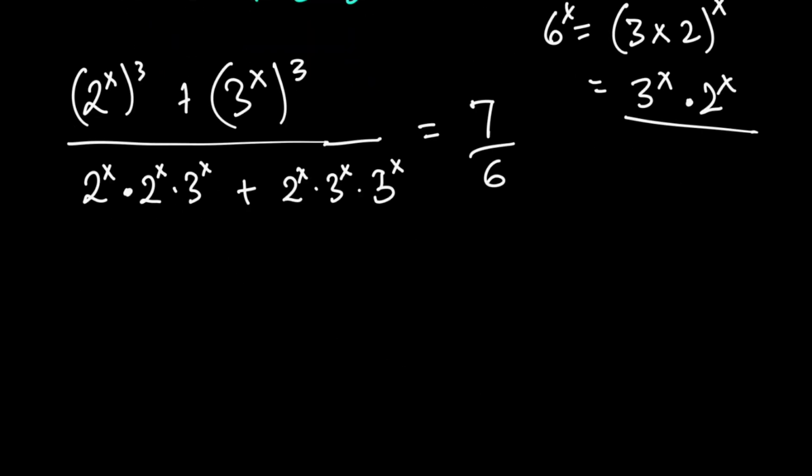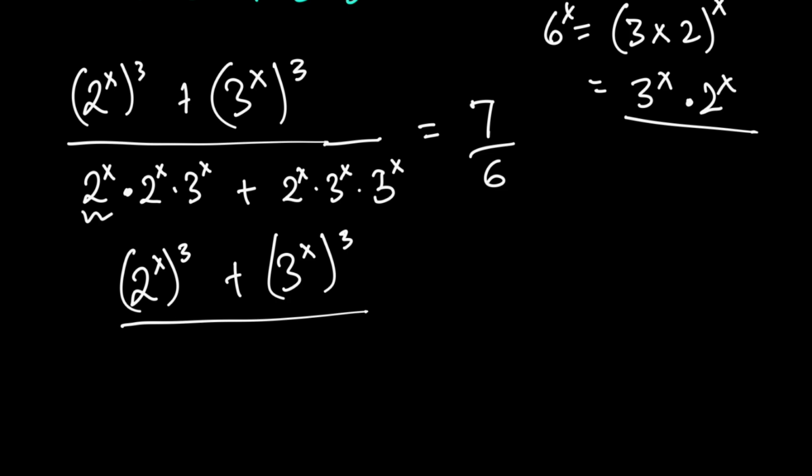And now you notice that the denominator side is pretty interesting. I'm keeping the numerator side, which is 2 to the power x, to the power 3, then plus 3 to the power x, to the power 3, divided by, now right here the bases are the same, so we can just write one of them and then sum the powers. And when we do that, we are getting 2 to the power 2x, which could be written as x times 2, all right?